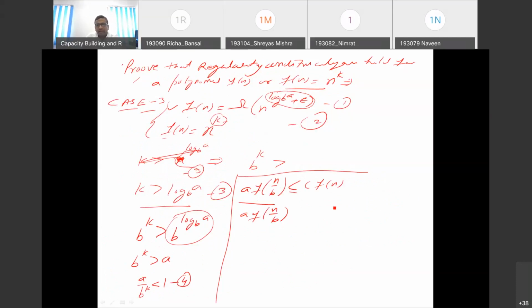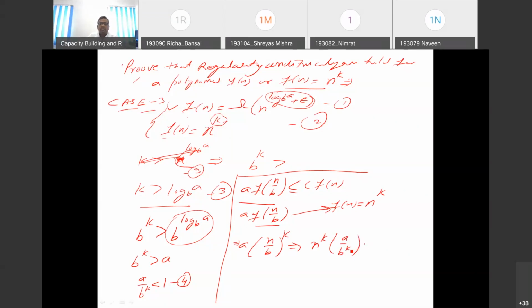Now we already know that f of n is equal to n raised to the power k. Now put the value of f of n upon b using this one. तो क्या आएगी वैल्यू? It will be equal to a into, बोलो, n upon b raised to the power k, isn't it? Yes, no? Now it will further become n raised to the power k and a upon b raised to the power k.